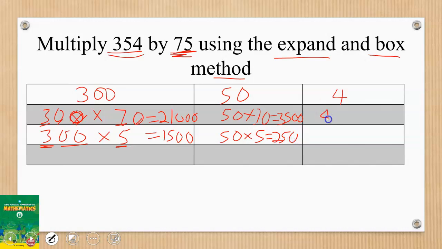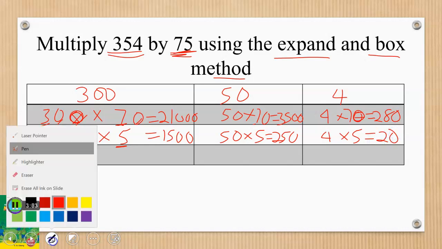Then finally we do 4 times 70 and then 4 times 5. 4 times 7, then we attach the 0. And 4 times 7 means 28, right? So 28, then we attach only 1 zero. And 4 times 5 is just 20.